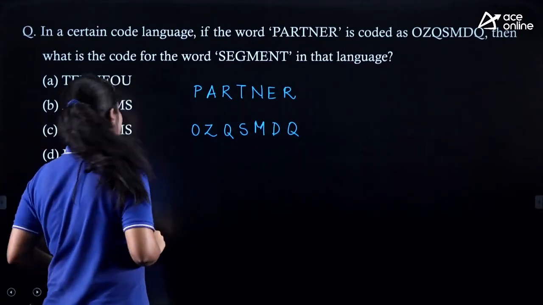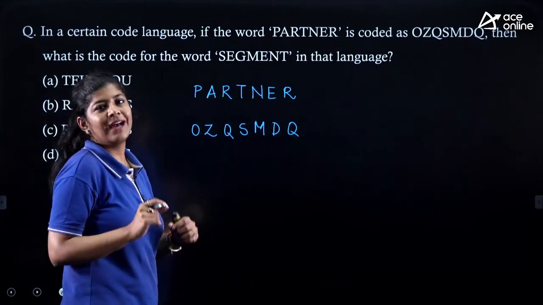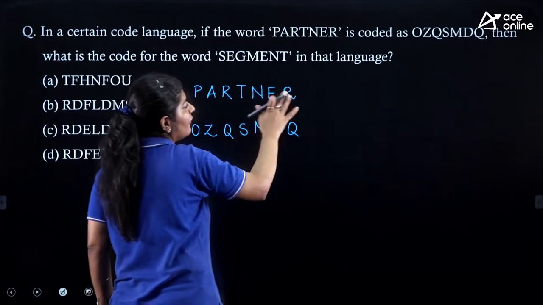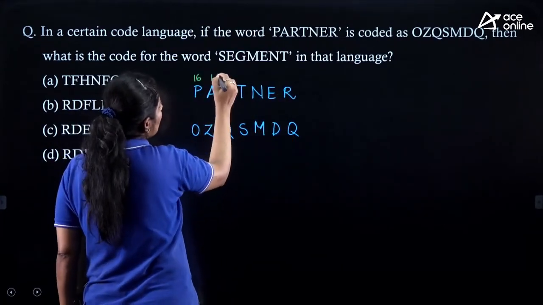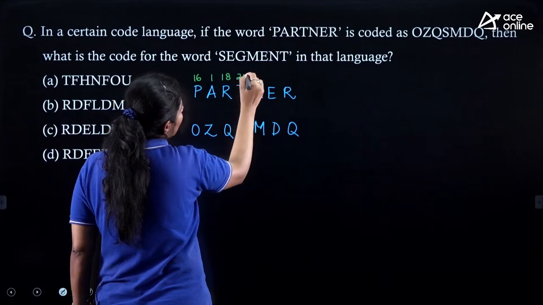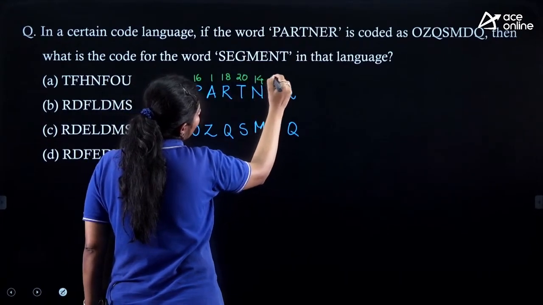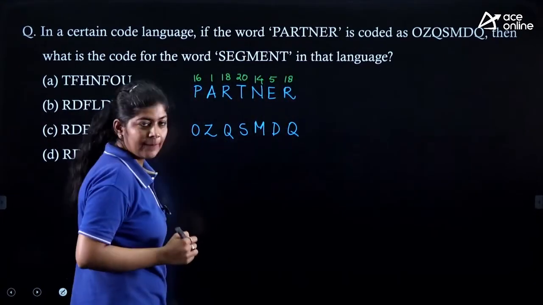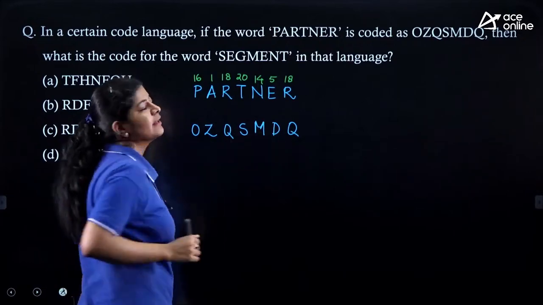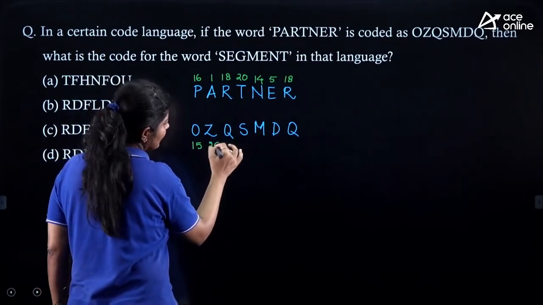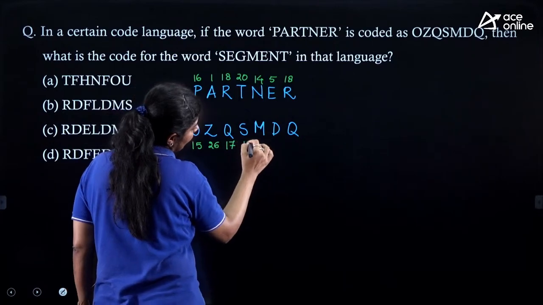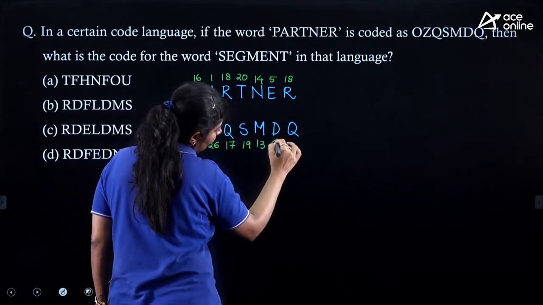In the next step, I am going to write down the associated number of each and every alphabet that I have used over here. So here we have 16, 1, 18, 20, 14, 5, 18, right? Now I am also going to write down the associated numbers of this one: 15, 26, 17, 19, 13, 4, 17.